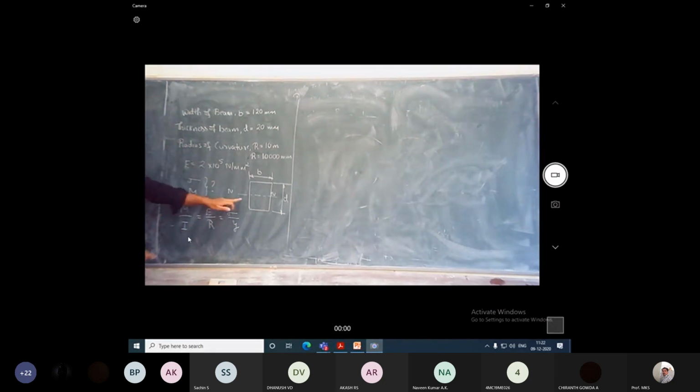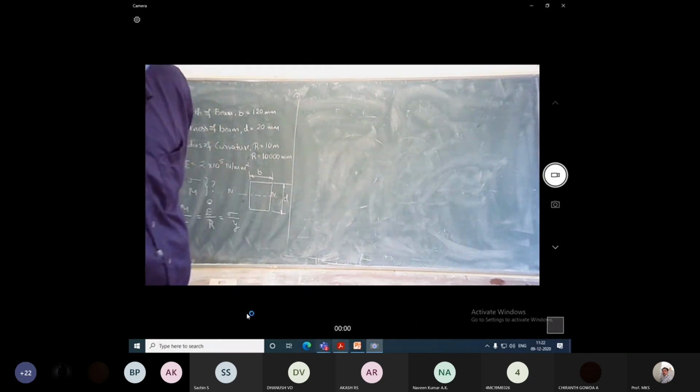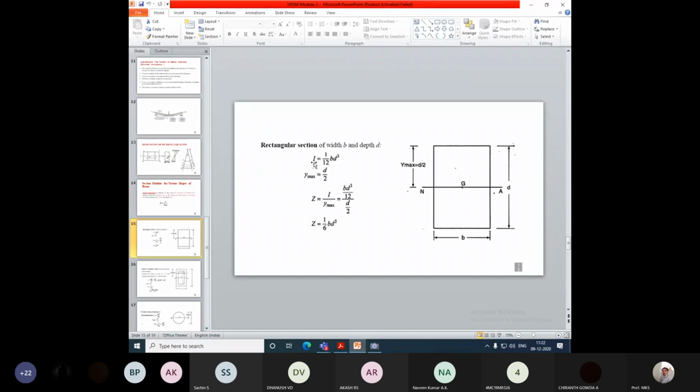So what is the moment of inertia for a rectangular cross section? You need to remember this. So I is given by bd cube by 12 for a rectangular cross section. Then what is Y maximum? Y maximum is d by 2. So the section modulus is bd square by 6.